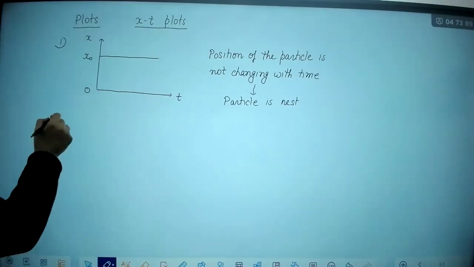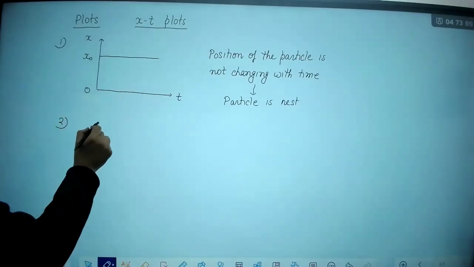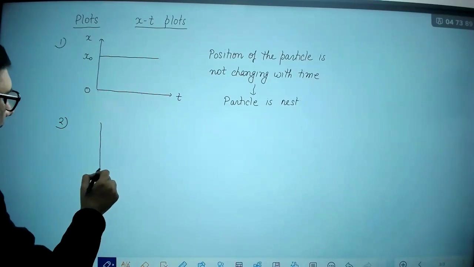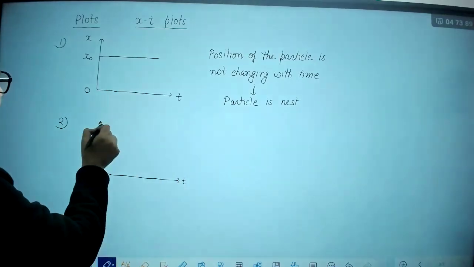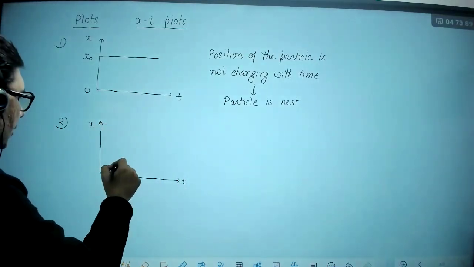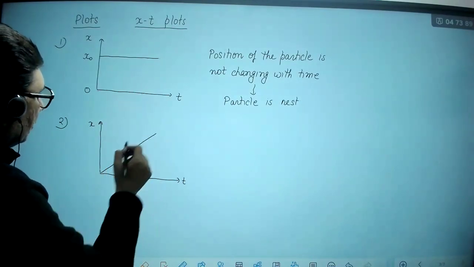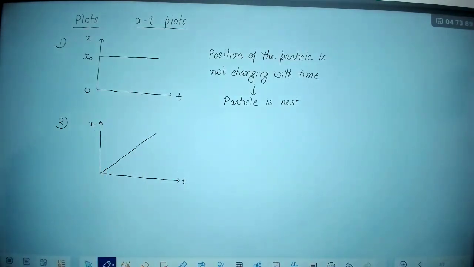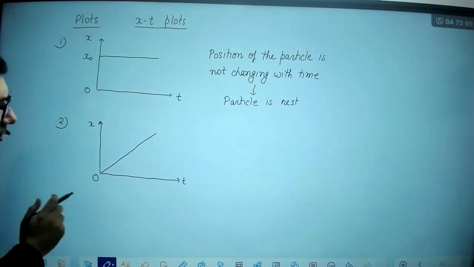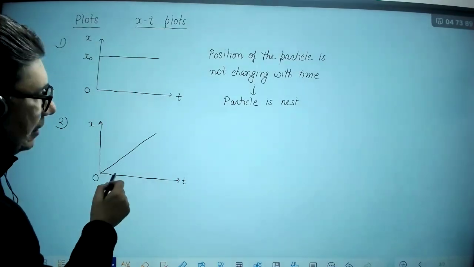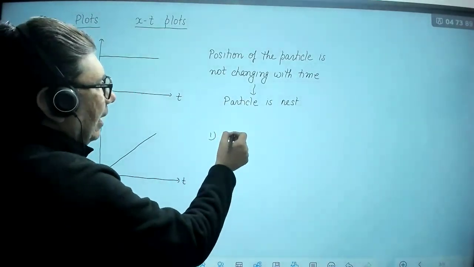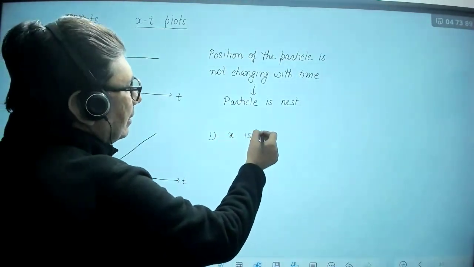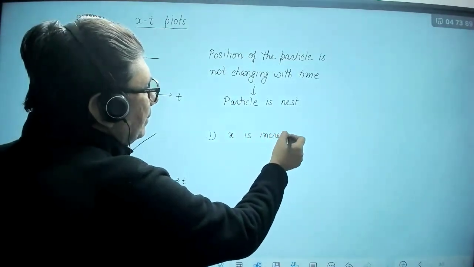Number two. If the plot is like this, this is the time axis, this is X. So here you are having this type of plot. So what is this plot saying? This plot is saying that X is increasing with time.